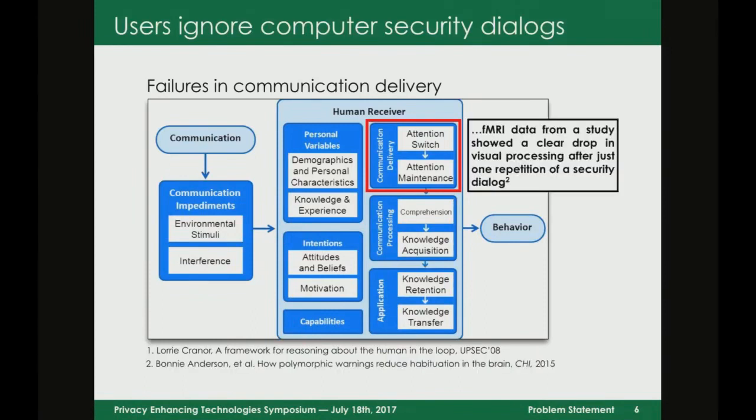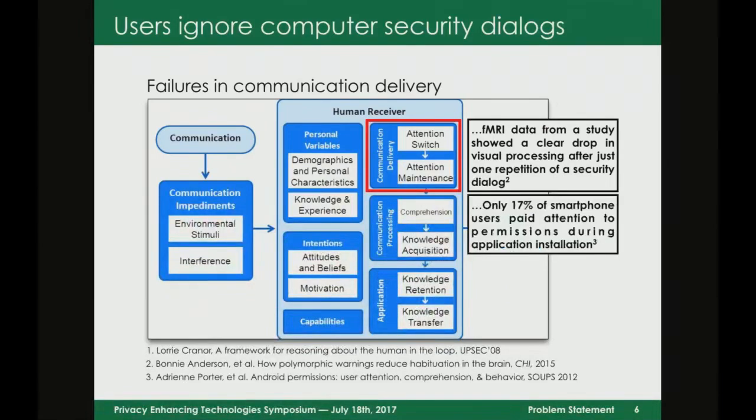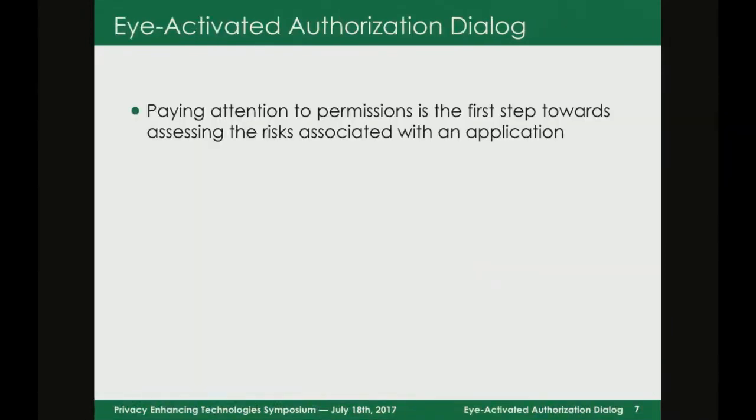Repeated exposure to the same kind of information on the dialogs makes users pay less attention to it over time. Studies using fMRI data have shown this. Similarly, studies on Android applications have shown that only 17% of users pay attention to these permissions. In this work, I speculate that looking at permissions is the first step towards reading the permissions and then actually understanding them.